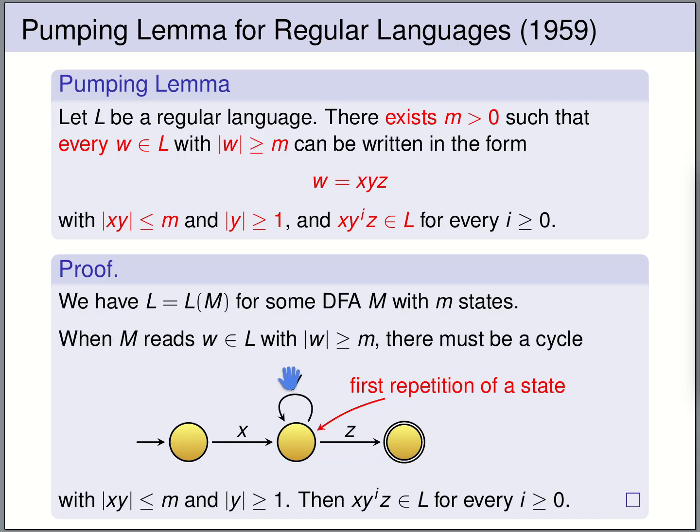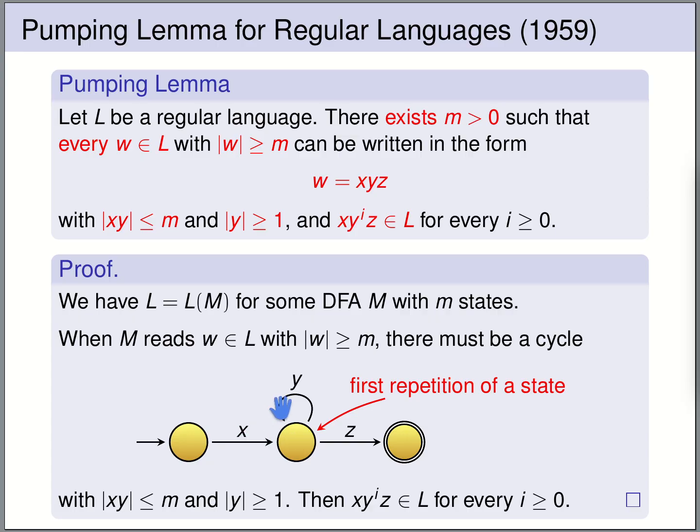We are only interested in the first loop when reading w. So this gives us a decomposition of w into x, followed by y, followed by z, where y is the part of w that we have read on the loop. So we've started in some state, read y, and gotten back to the same state.